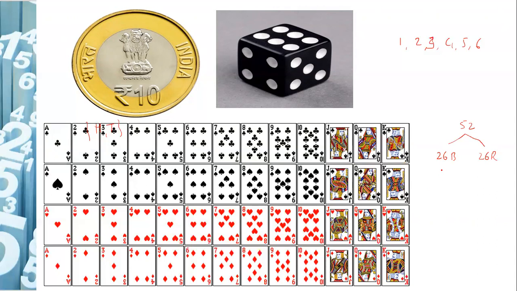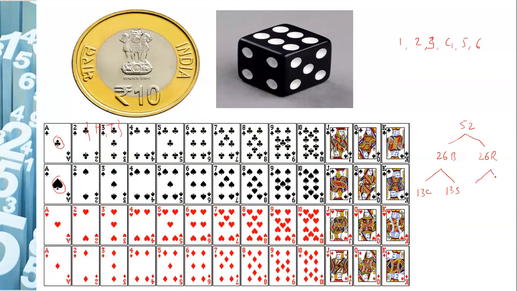The 26 black are again split into two combinations, that is 13 each. You can see this symbol, and this is the symbol. These are called clubs and these are called spades. So 13 clubs and 13 spades.